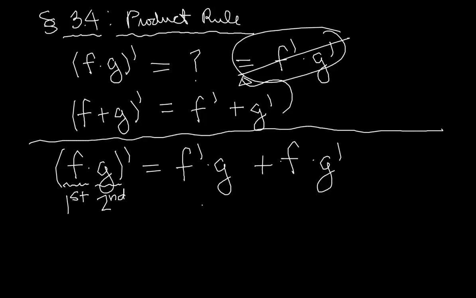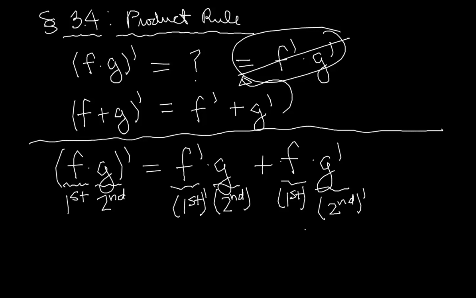Then how does the product rule go? It always goes: derivative of the first times the second, plus the first times the derivative of the second.